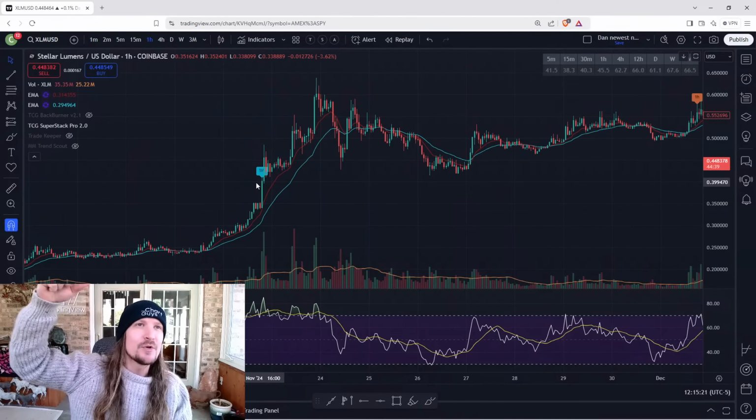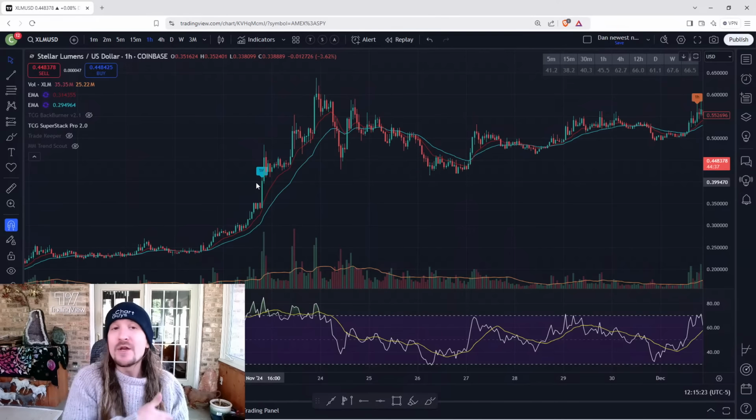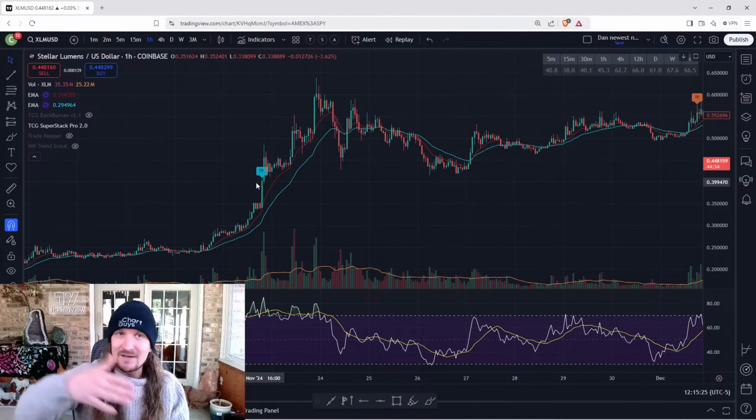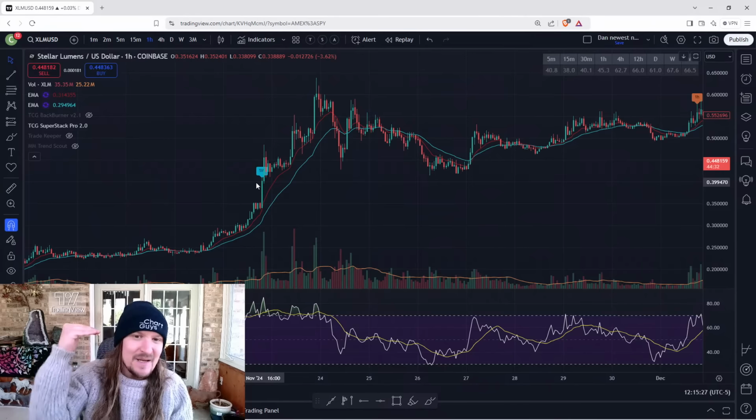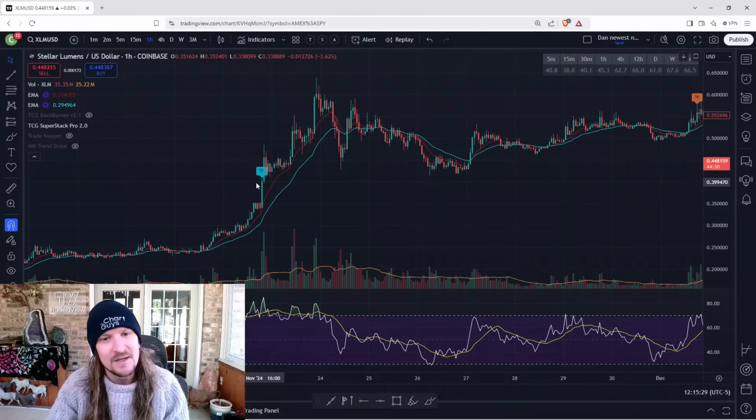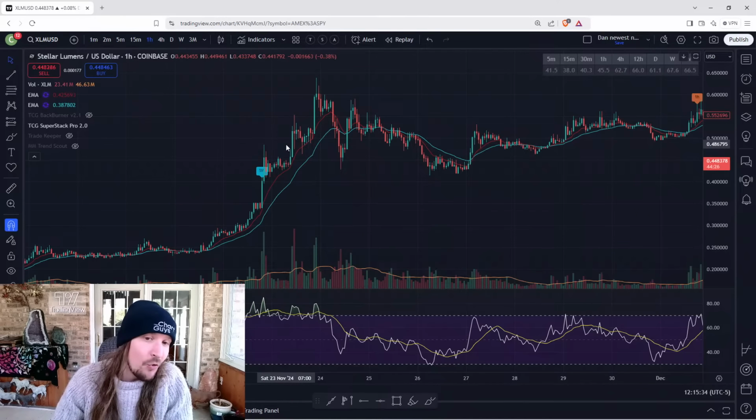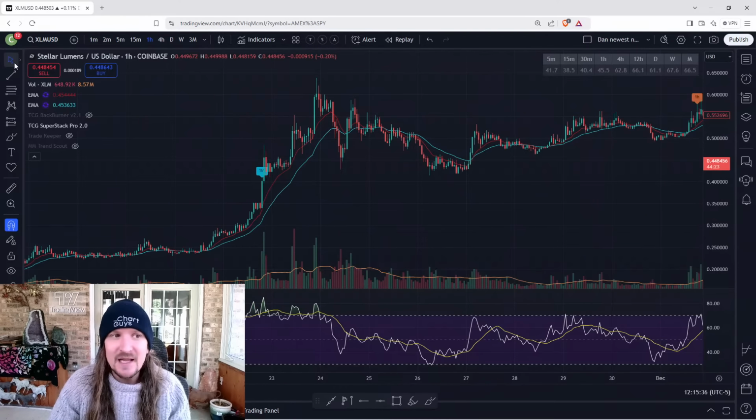If you're getting a Superstack of overbought conditions when you're riding an uptrend and you've got some nice long-term gains, that to me means start scaling out some position. So let's say you exit a quarter at 45 cents, a quarter at 50 cents, and then you let the rest run. It didn't nail the top.